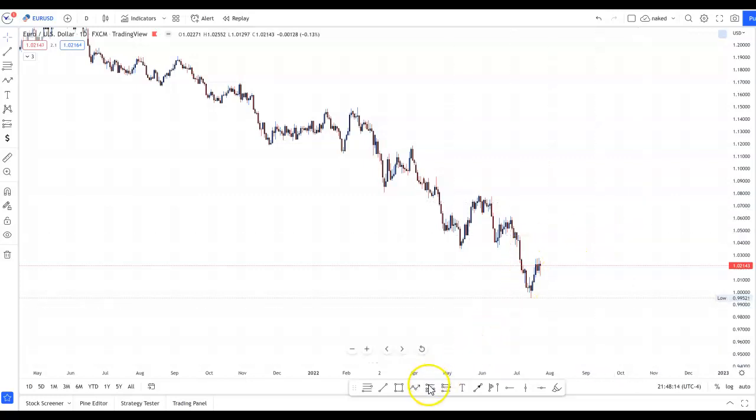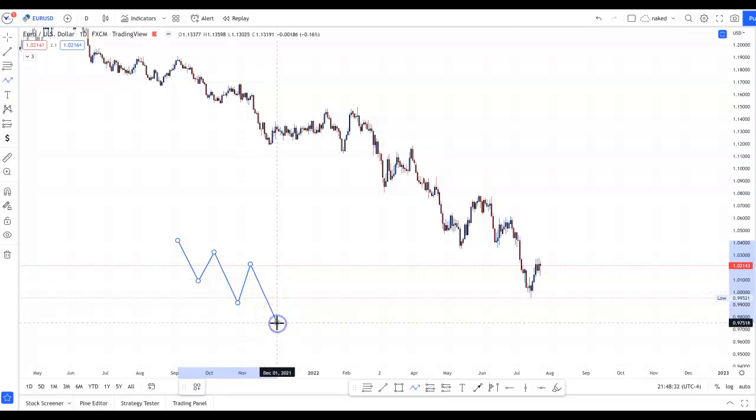Now, if you're not new to trading, you know that the market never moves in a straight line. We always have an impulse, a correction, another impulse, another correction, another impulse, another correction, right?